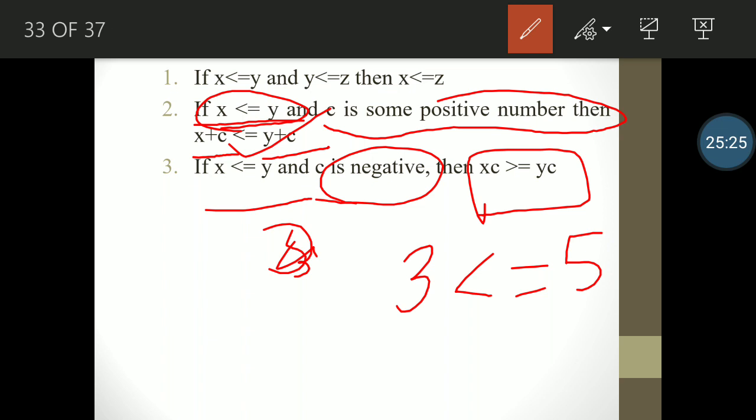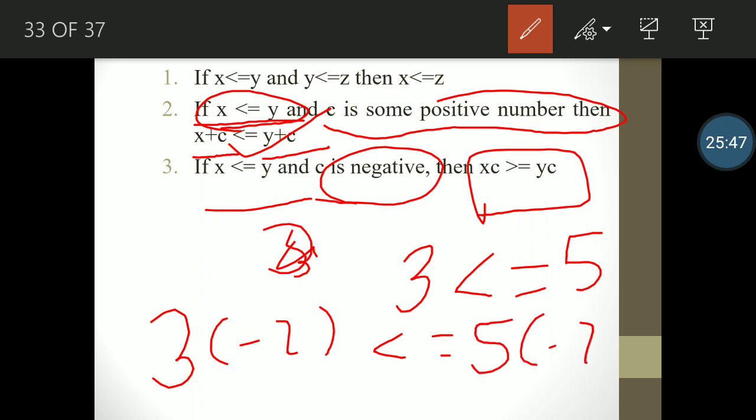If we multiply by negative 2, we take 3 into minus 2 less than or equal to 5 into minus 2.